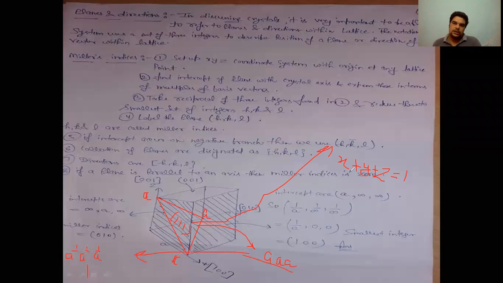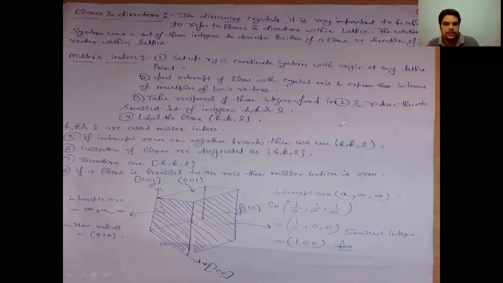Or in general notation, x upon a plus y upon b plus z upon c equals 1, where a, b, c are the intercepts of the plane along the x-axis, y-axis, and z-axis respectively. Okay, so this is how you define the plane.